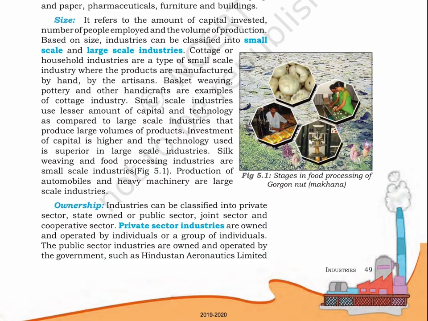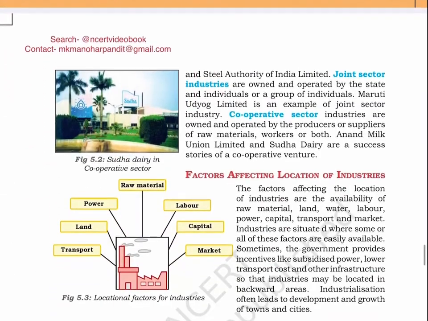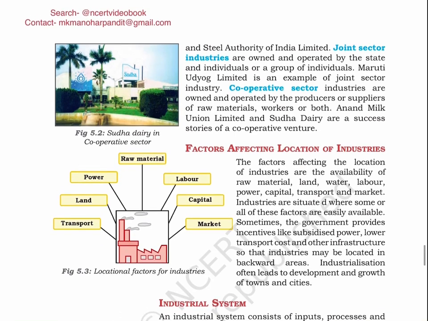The public sector industries are owned and operated by the government, such as Hindustan Aeronautics Limited and Steel Authority of India Limited. Joint sector industries are owned and operated by the state and individuals or a group of individuals.